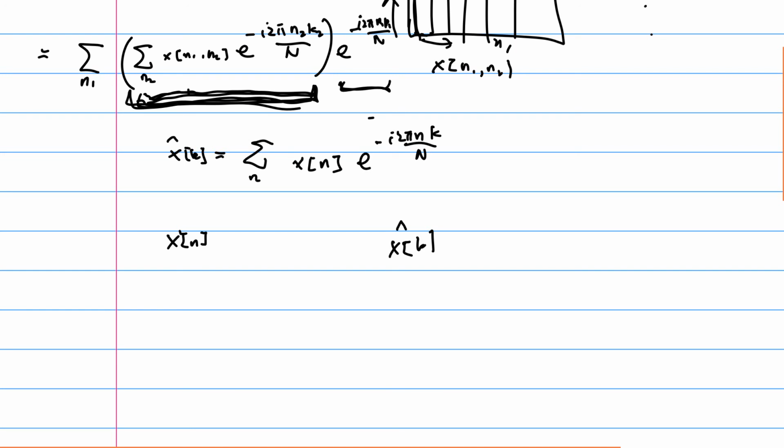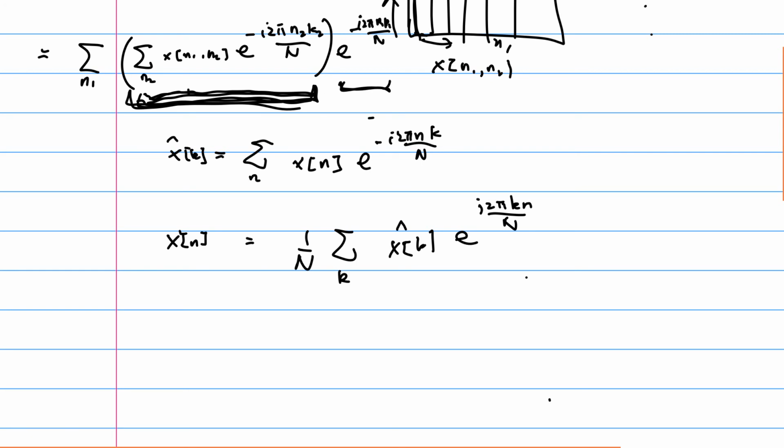Don't you sum over the k's? Yes, sum over the k, and it's similar to this, but I have i 2 pi k n over n. And actually I will have a 1 over n factor here somehow.